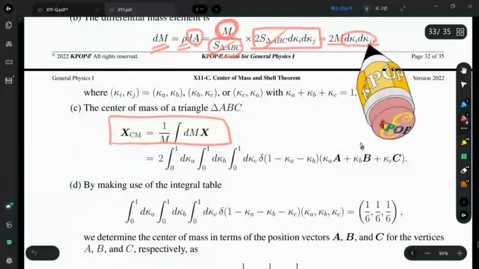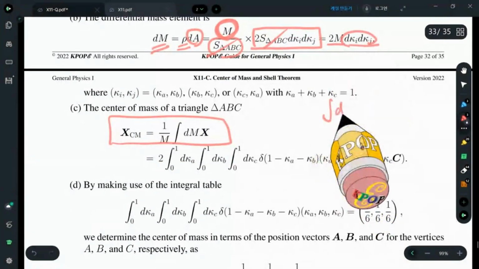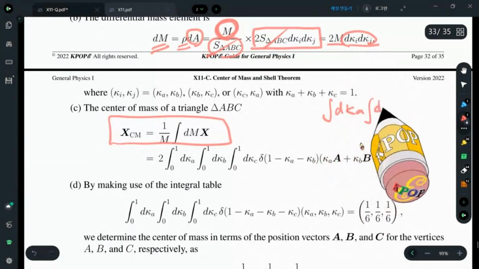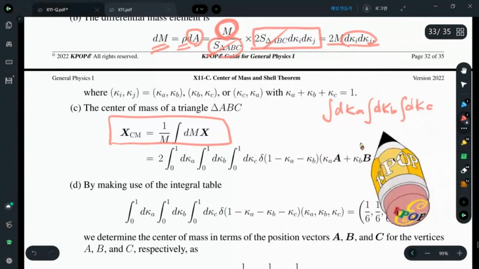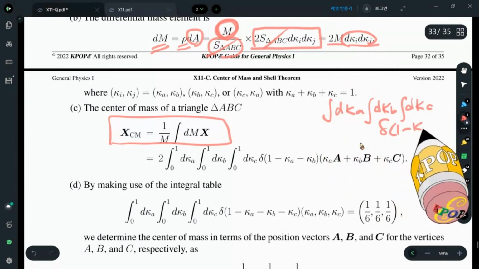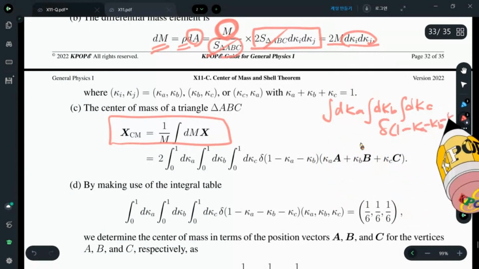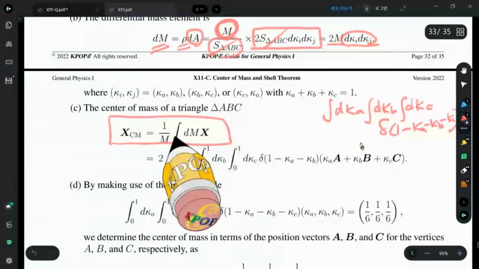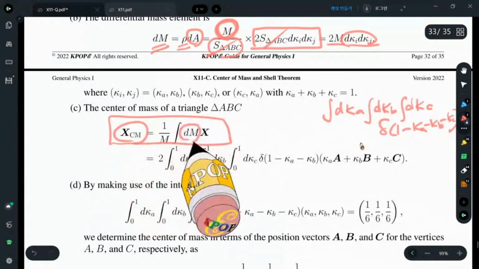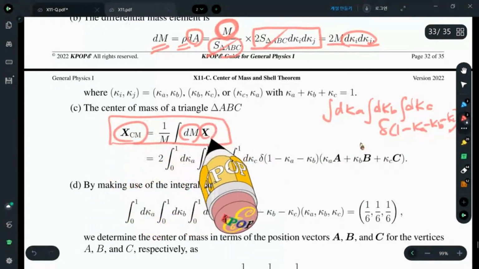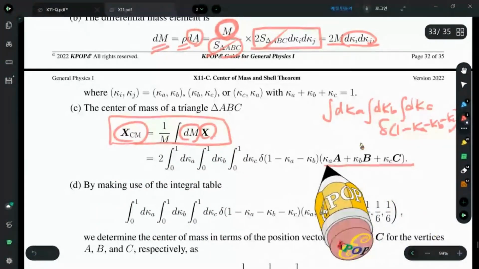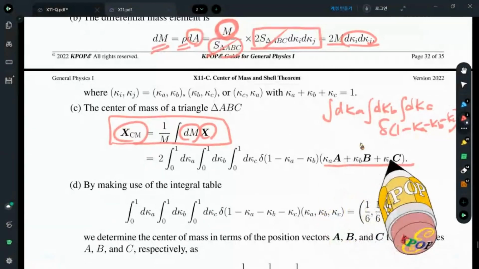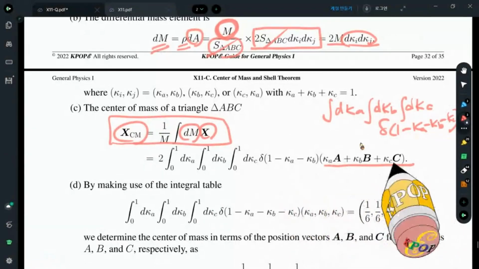I told you this two-dimensional integral can always be expressed in terms of kappa A, kappa B, and kappa C, multiplied by this delta of 1 minus kappa A, kappa B, and kappa C. And the center of mass is the differential of mass multiplied by the position vector. And I told you the position vector is simply kappa A vertex A, kappa B vertex B, kappa C vertex C.